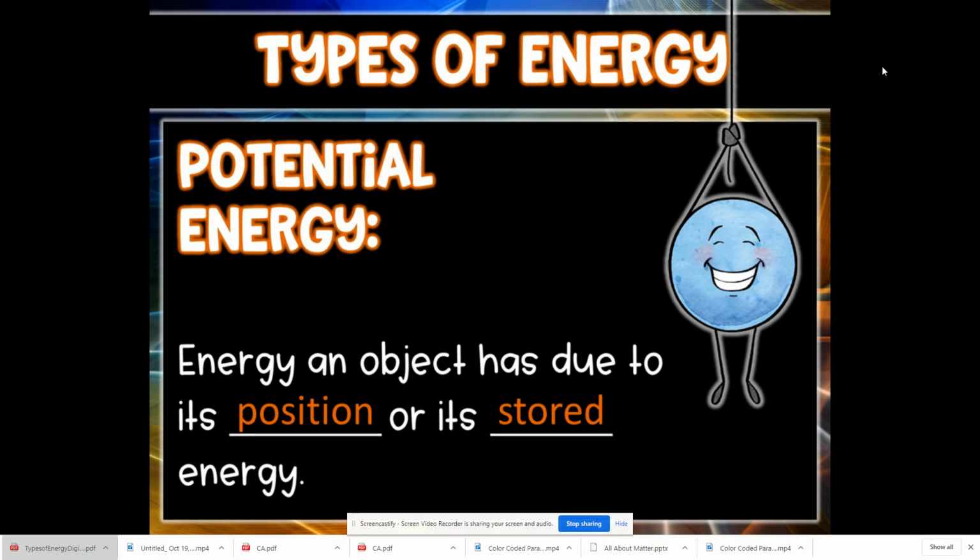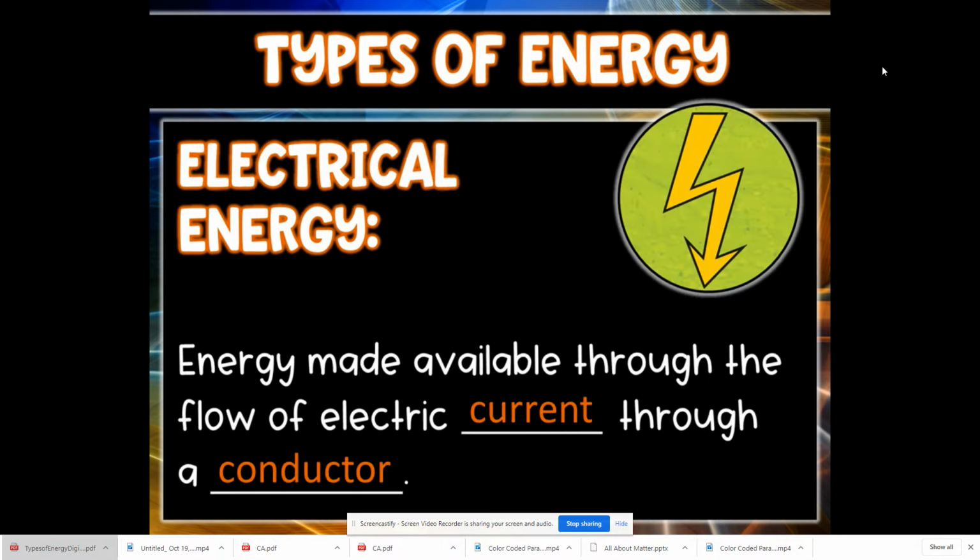It could move, but it's not moving. So an apple hanging from the tree has potential energy. It's not till it falls that it has kinetic. Standing at the start line of a race, you have potential energy, and it's not until you start moving that you have kinetic energy.